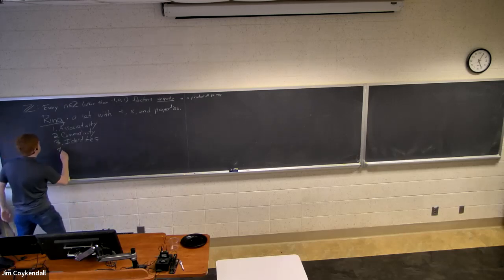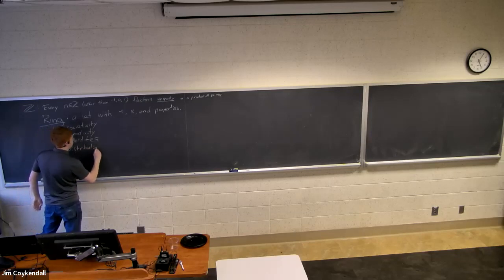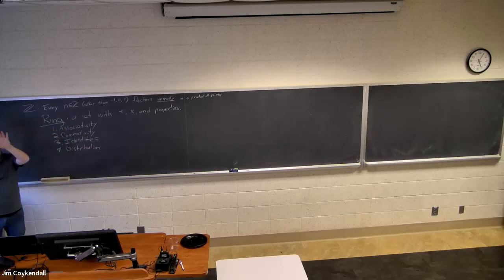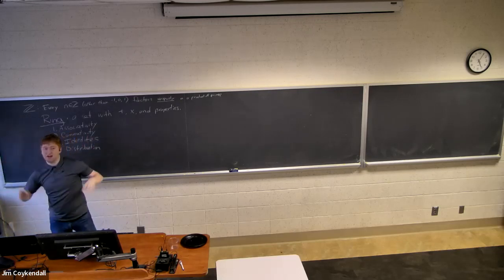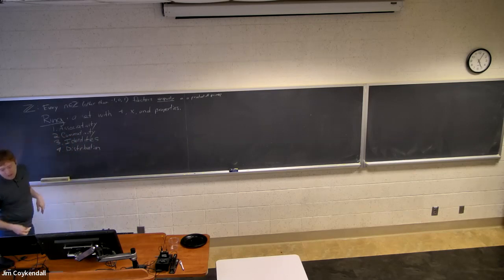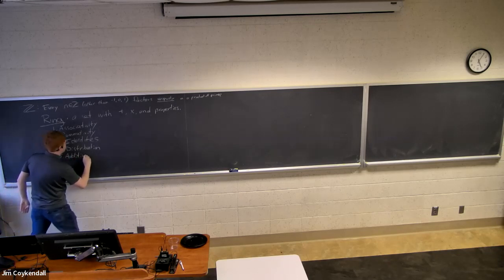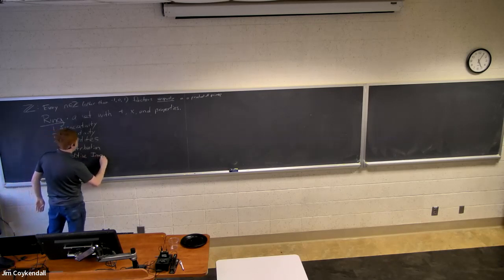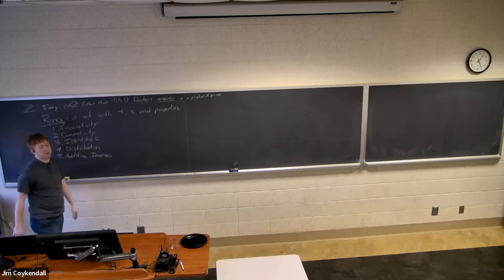We've got distribution. So if we multiply across a sum, we can do that same thing, except multiply by each element of the sum and then add them together. And we have additive inverses, which basically means we have negatives of all of our numbers.